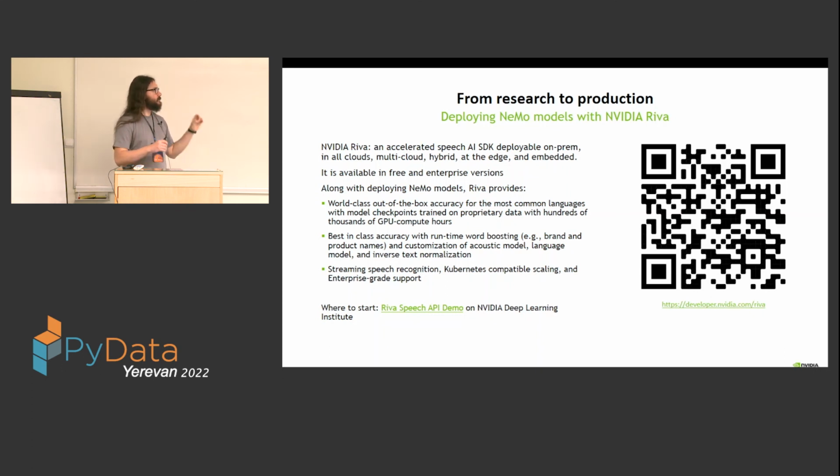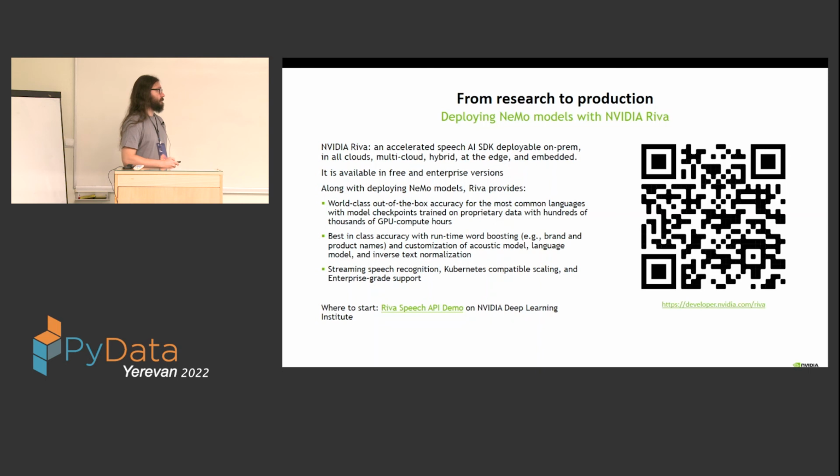It is not open sourced. Well, some parts are closed, some of them are open sourced. But it is, again, free. If you want enterprise grade support, you can always buy an enterprise version, but mostly Riva is free. And apart from deploying NeMo models, Riva itself has its own models.